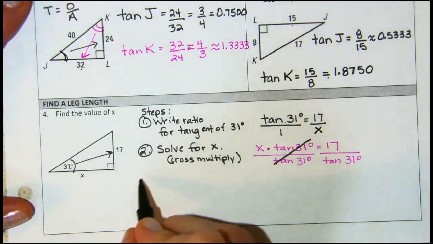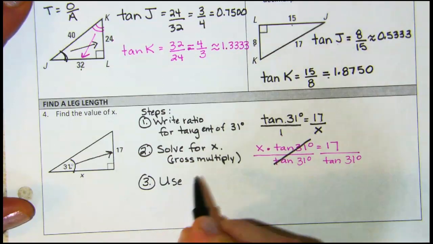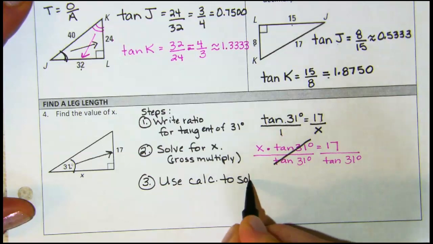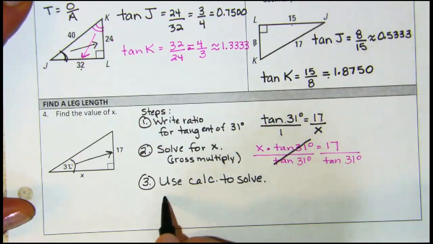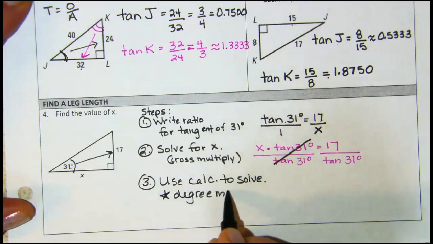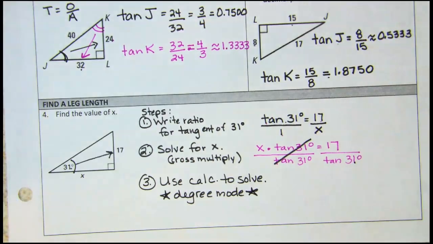So step 3, this is a very important step. You are going to use your calculator to solve. Now, you must be in degree mode because this is in degrees. So I do not want you to miss this step.